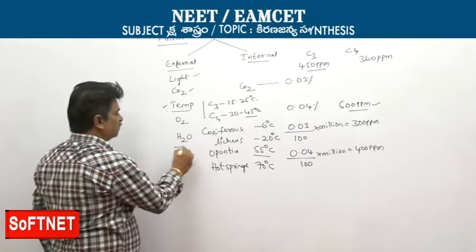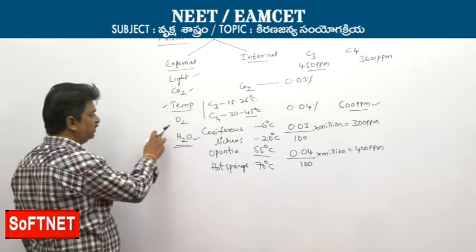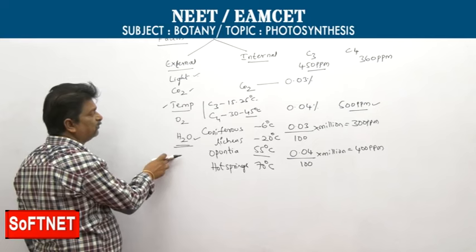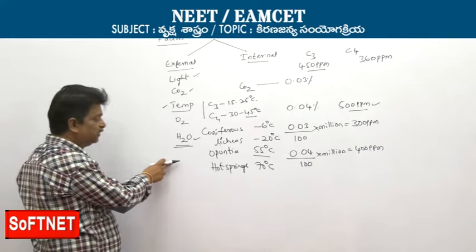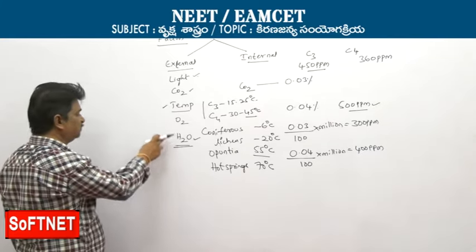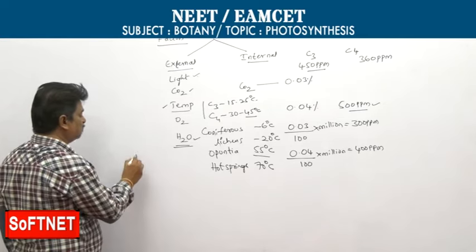Then next one, water. Water is also like carbon dioxide, one of the raw materials for photosynthesis, and particularly in plants, water acts as electron donor.